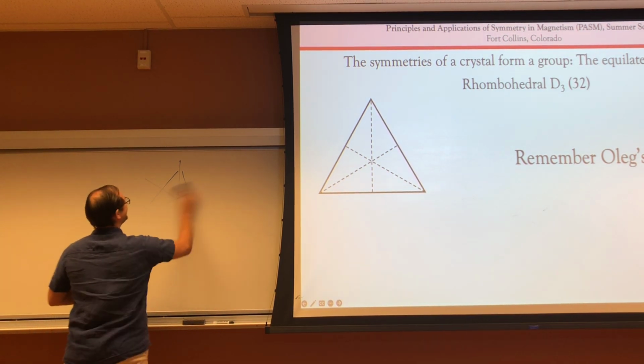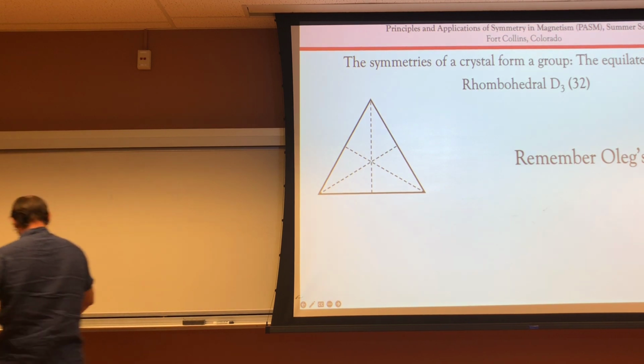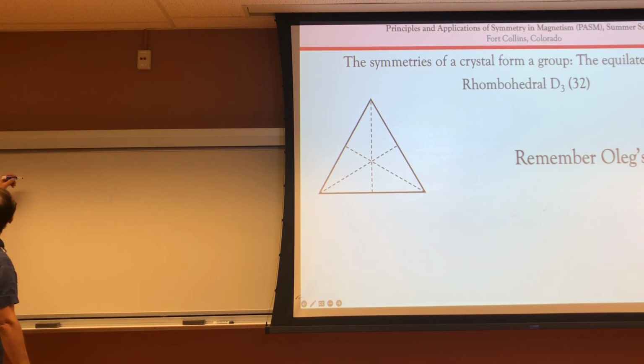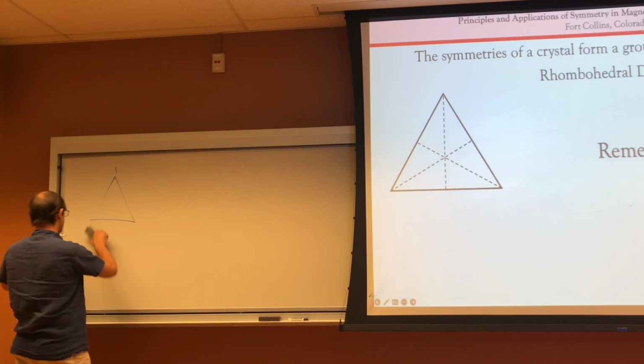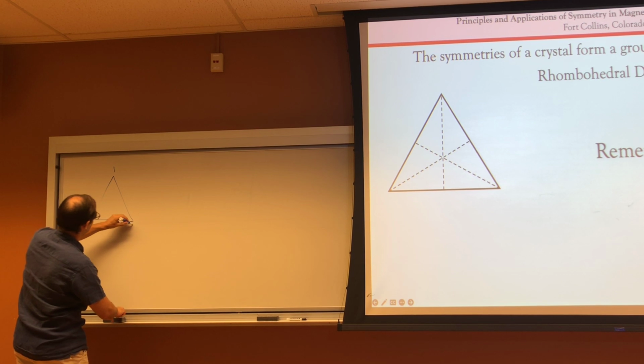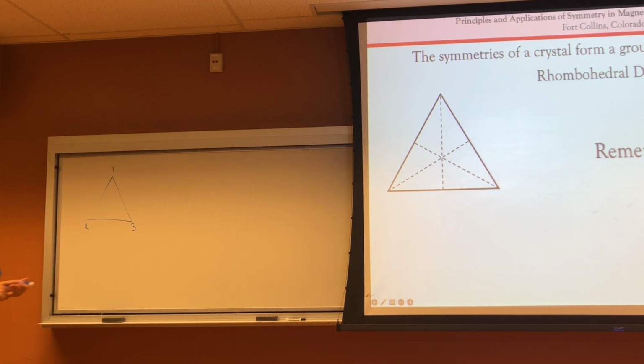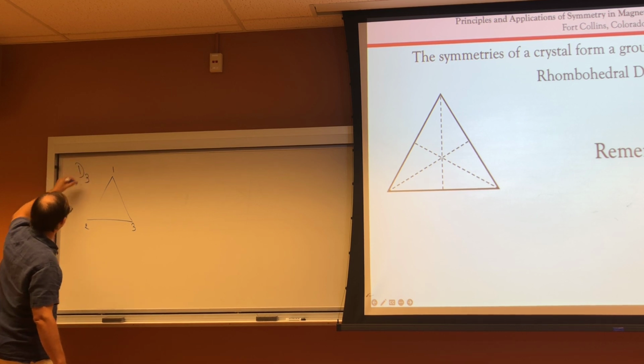So we take our triangle. It's an equilateral triangle. We have 3 points, 1, 2, 3. We have seen that yesterday, so I will go fast on that. We will spend more time on the other one that is a bit more complex. And this is called the D3 group.